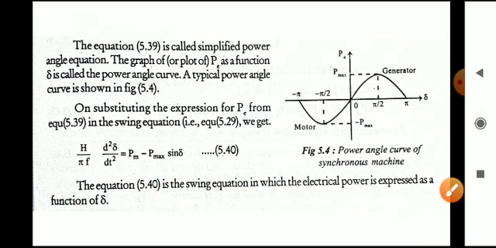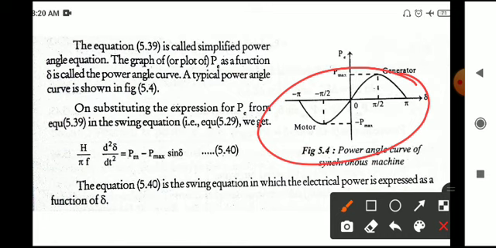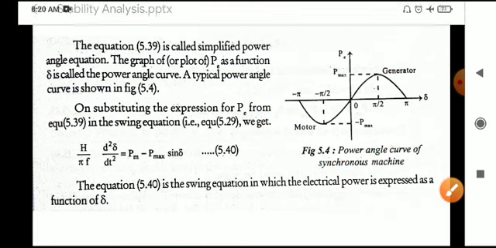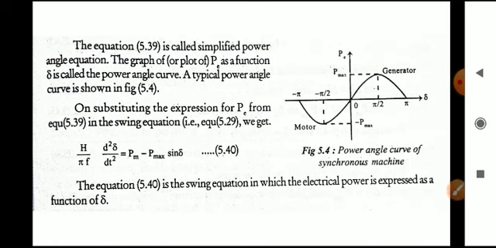We get the curve like this, the power angle curve. Based on the different values of delta, we have the developed power PE. The maximum power P max is located at the angle pi by 2. This is the typical power angle curve.